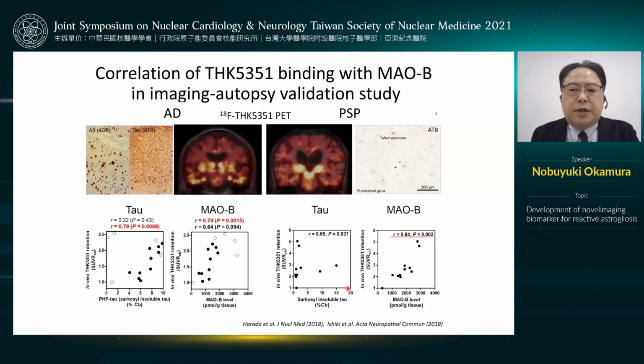In the imaging pathological correlational analysis, regional THK5351 binding in antemortem PET images was significantly correlated with the density of monoamine oxidase B and also GFAP, the marker of reactive astrocytes. That suggests that the THK5351 PET signal reflects monoamine oxidase B expressing reactive astrogliosis.